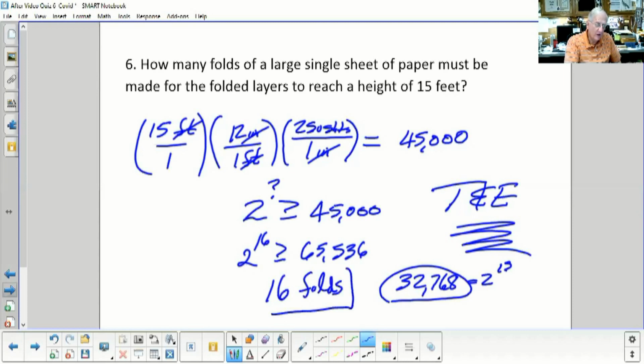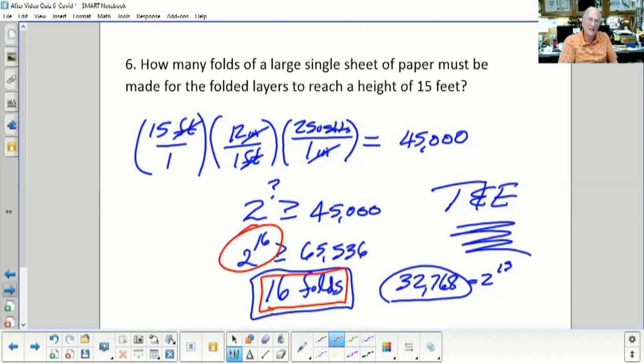Now remember, when you take the test, you've got to tell me the number of folds. The correct answer to this problem is not 2 to the 16th. I asked you for how many folds it is, so my correct answer would be 16 folds. Okay? All right, let's go on.